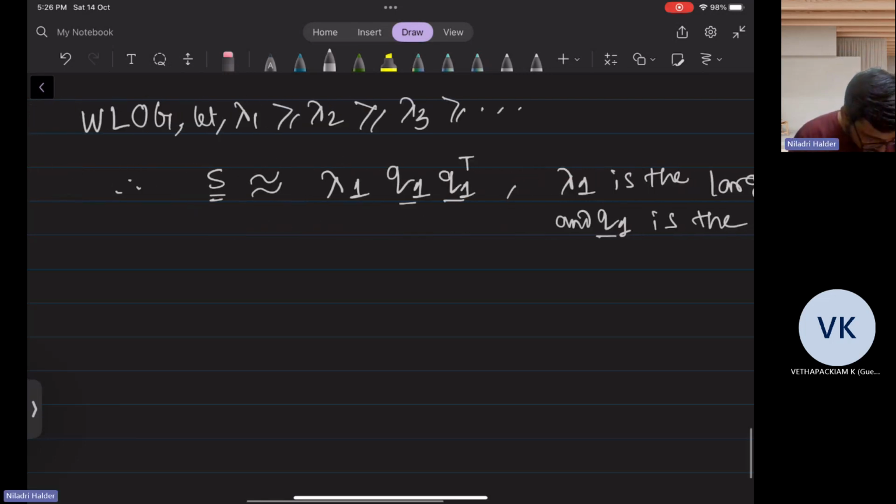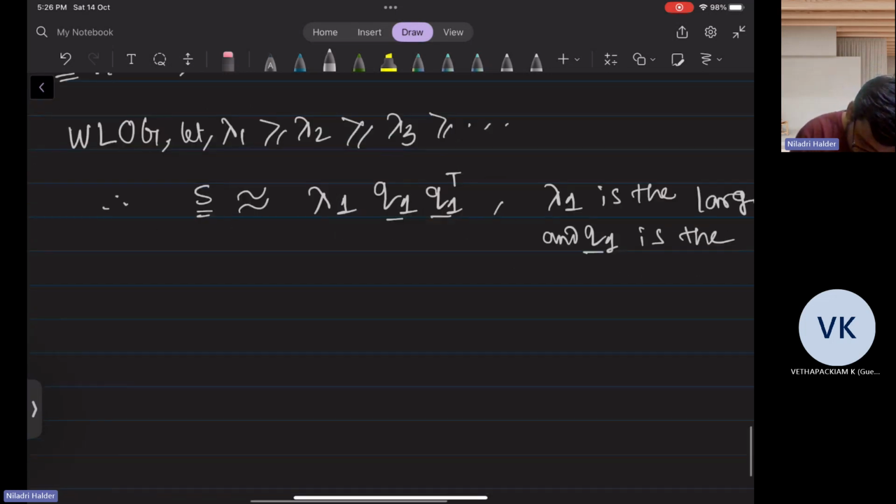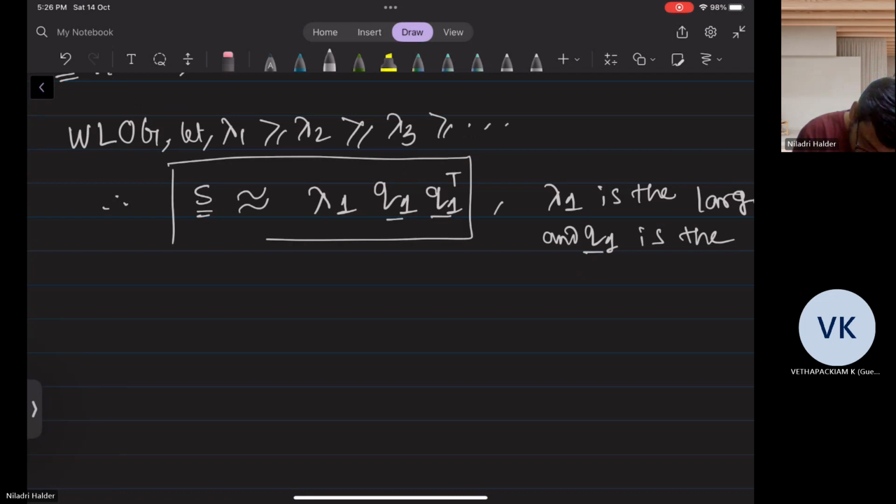So then this is the approximation, the rank 1 approximation.